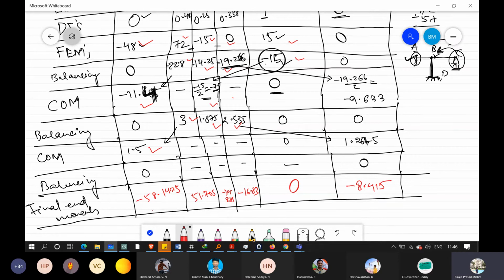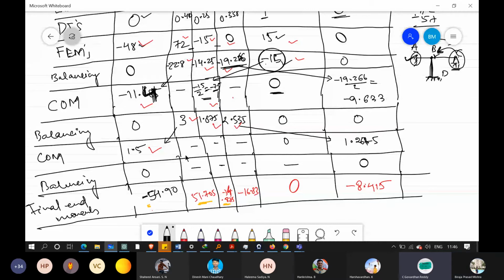Anyone, please guide me if these values are correct or wrong. This is 34 point something. Sir, AB is minus 54.90.